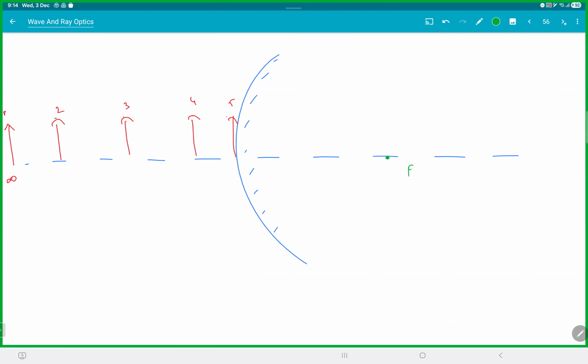So point 1 will look like a point. Where will 2 form? 2 will be closer to the pole, but diminished. 3 will be still closer to the pole, diminished, but little better. 4 will be like this, and 5 will be exactly same height. So if you join all the heads of this, isn't that the path?